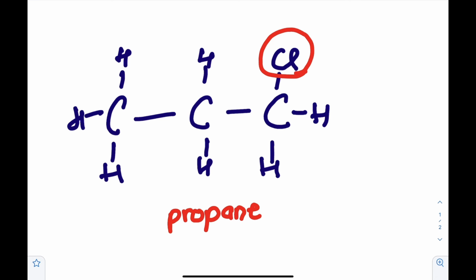The chlorine is from either end. Remember, you give the lowest number to the substituent. So that is the first carbon. Because it's on the first carbon, we usually do not write the number. If there's no number written, it is understood that it's on the first carbon. So I'm just going to call it chloropropane. Simple? All right, let's move on.